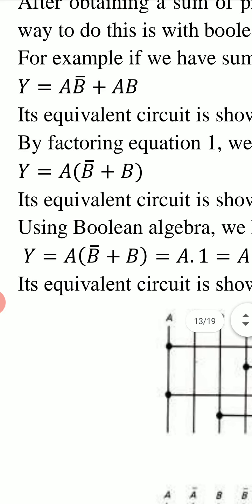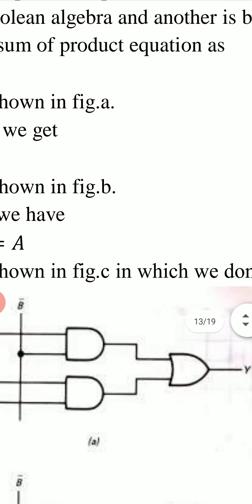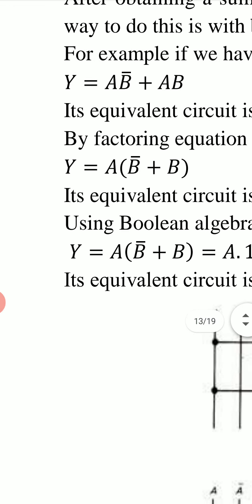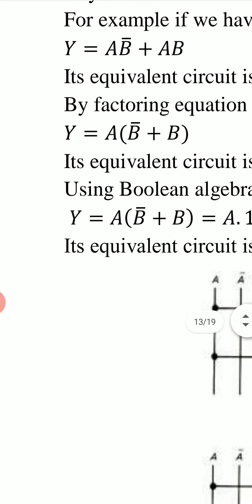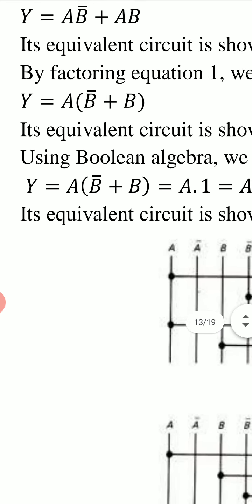For example, if we have the sum of products equation as Y equal to A B bar plus AB, then we simplify it by using Boolean algebra. A B bar plus AB can be written as A into B bar plus B. A is common in both terms, and by Boolean algebra, B bar plus B is equal to 1.